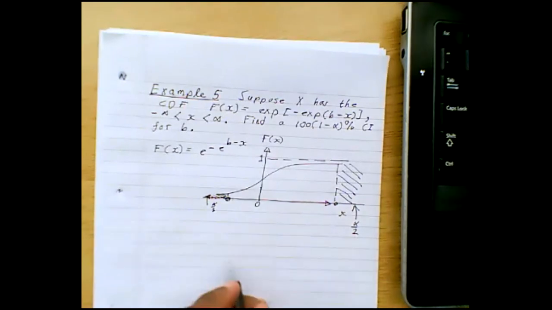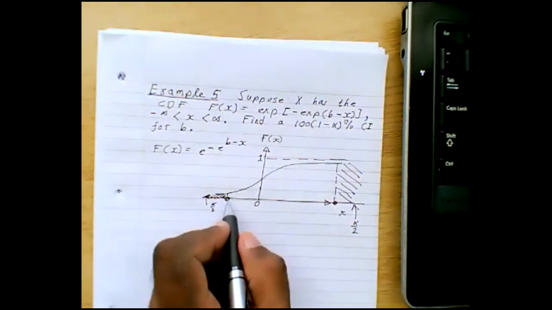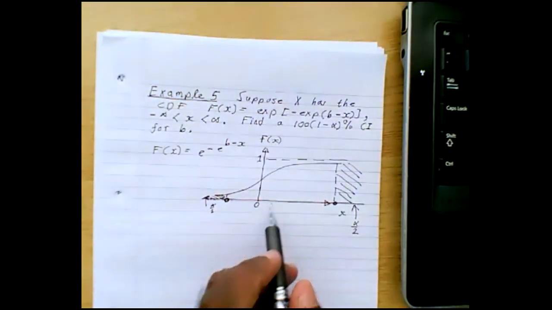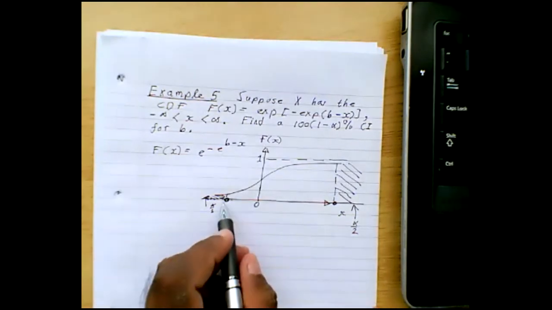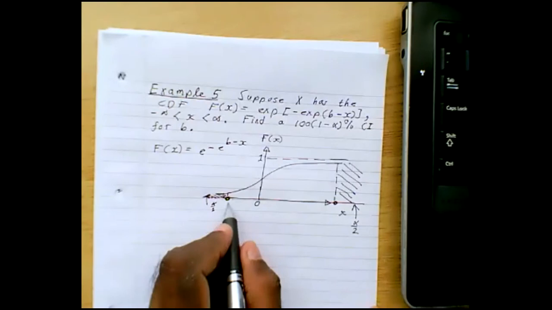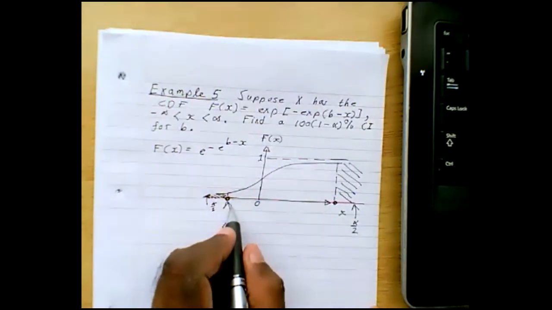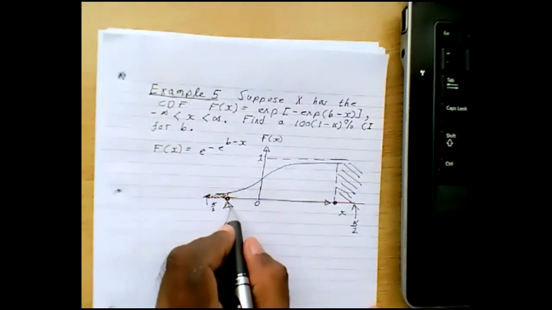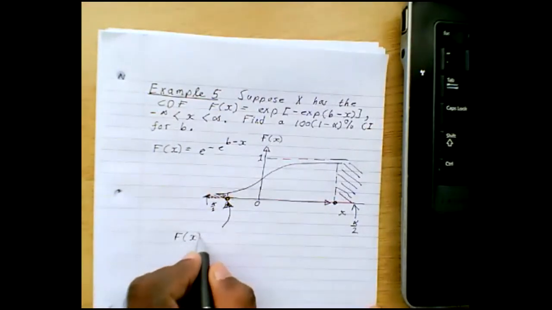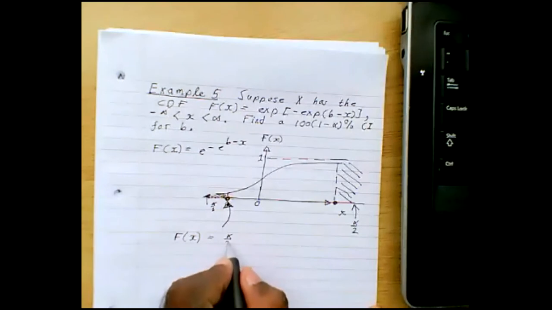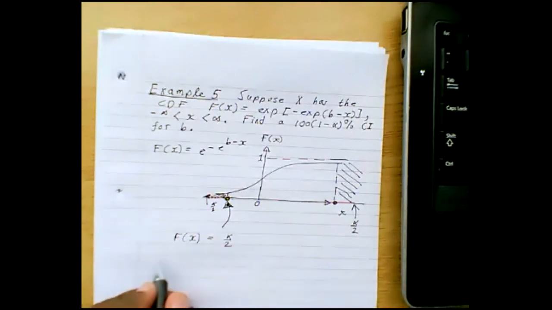Okay, so we are looking for these 2 points, and the area in between these 2 points should be 1 minus alpha, right? So to solve for this point, you need to set this, right?